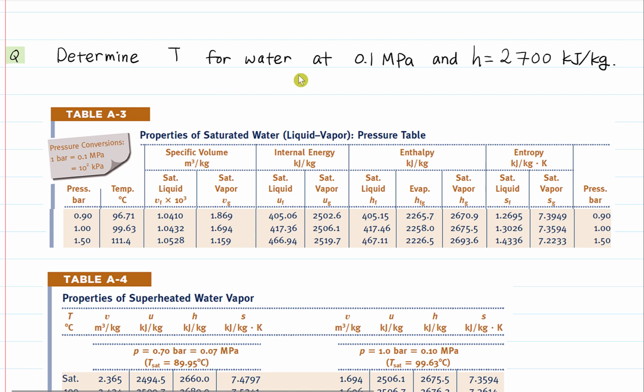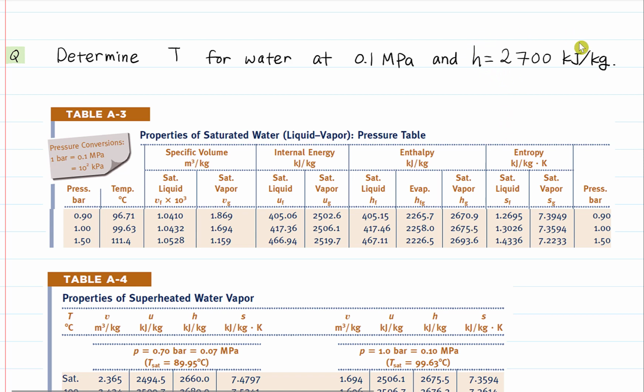Determine the temperature for water at 0.1 megapascal and enthalpy 2700 kilojoule per kilogram. We don't know the phase of the water. So first look at the saturated water table. At 0.1 megapascal or 1 bar, see how the enthalpy changes in the mixture, 417 to 2675 kilojoule per kilogram.